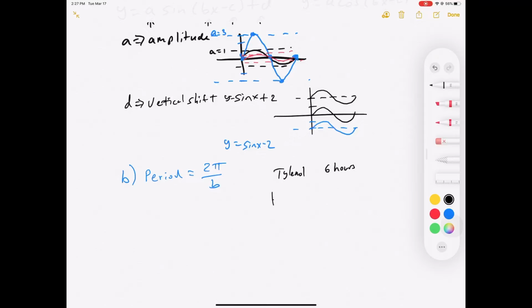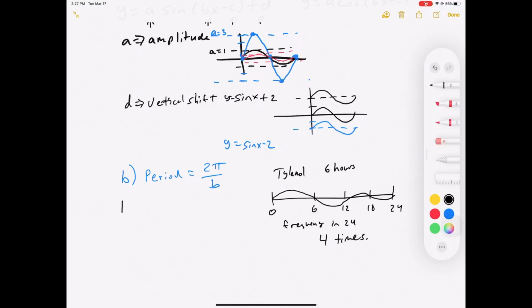That's how long between doses, in 24 hours. Every 6 hours, you have to take it again. But what is the frequency? How many times do you have to take it in a whole day, in 24 hours? You can see it's 1, 2, 3, 4. We're going to take it 4 times. And that's our frequency.